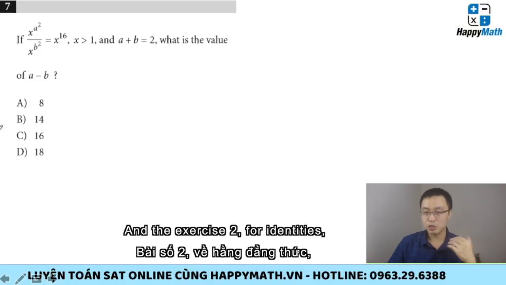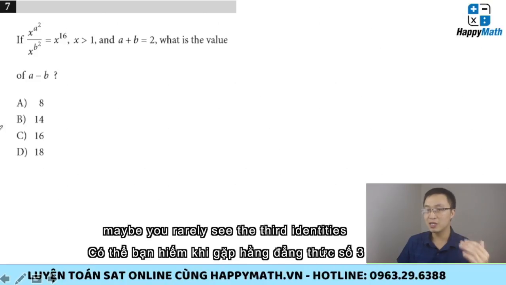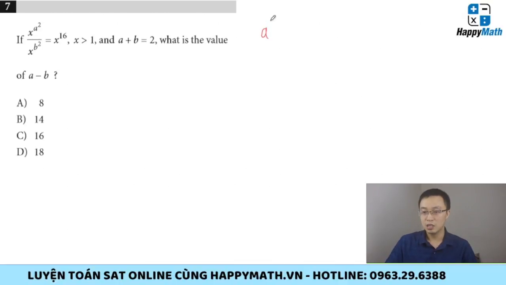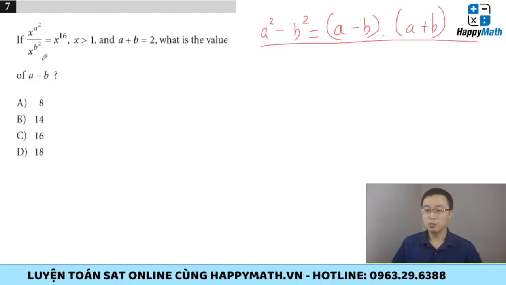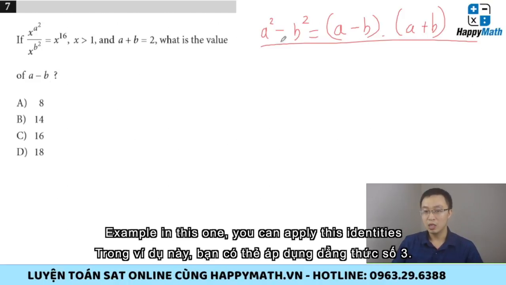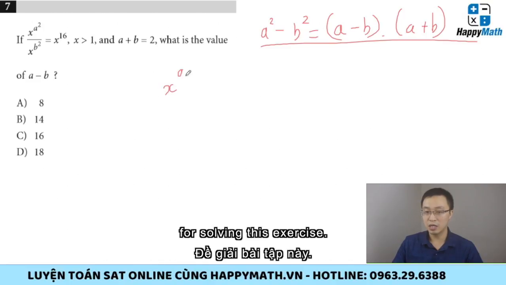And exercise 2: for the identity, maybe directly see the third identity in this one. But each question has this form, maybe quite difficult. So for example, in this one, you can apply this identity to solve this exercise.